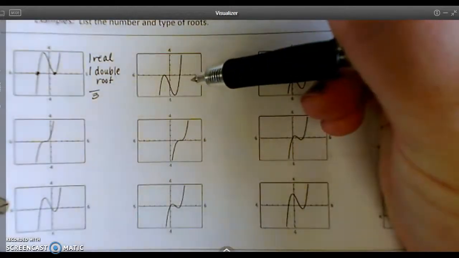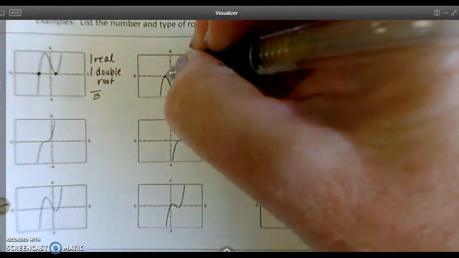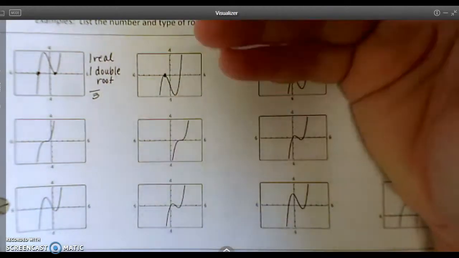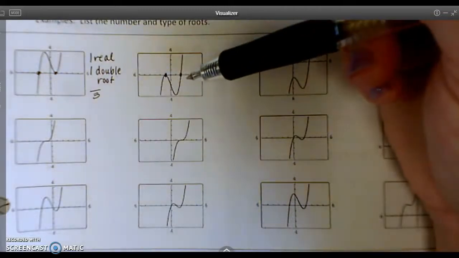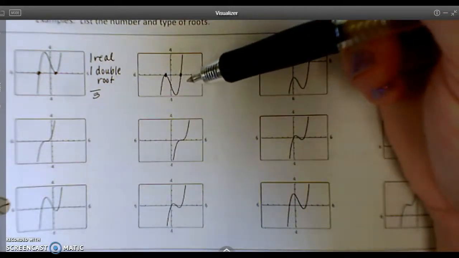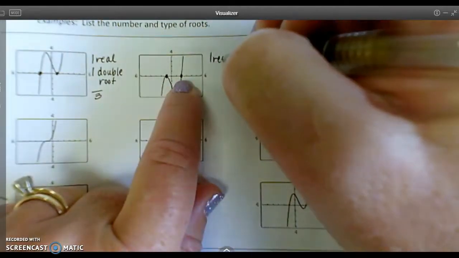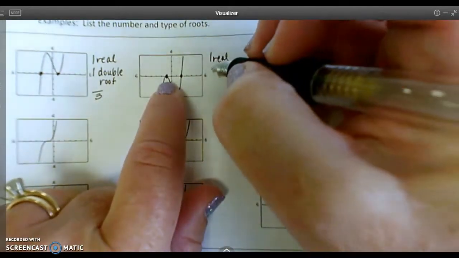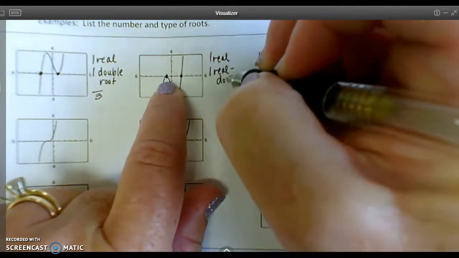Okay, look at this one right here. That one crosses the x-axis there and there. So what's going on with this one? 1 real. That's a real one too. But it has a double root.